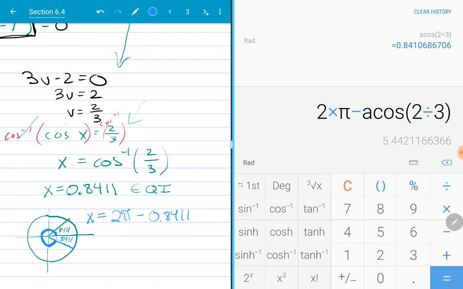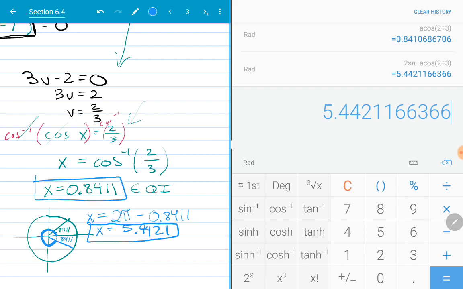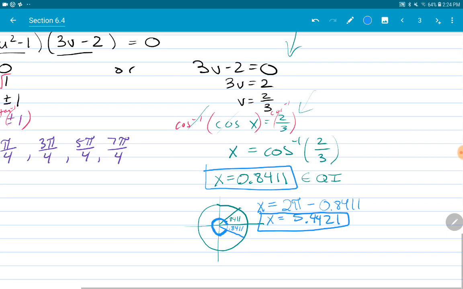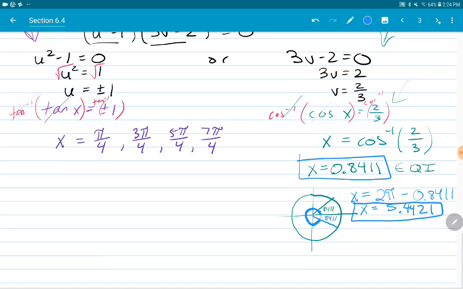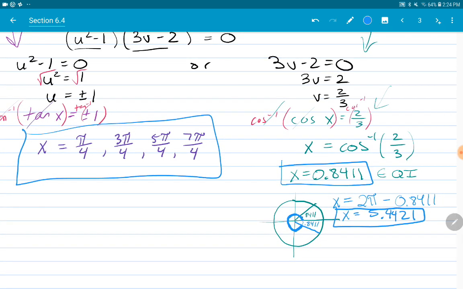Again, so I don't have to round, and then I get 5.4421, again rounding to 4 decimal places. So here is another possible solution. And don't forget about over here, we have 4 other possible solutions. So there are 6 possible solutions to this one.